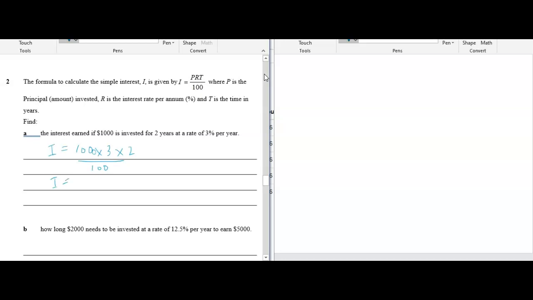So the interest rate, 3 times 2 is 6, so we've got 6,000 over 100. So we've got to cancel out those zeros. So $60, interest.